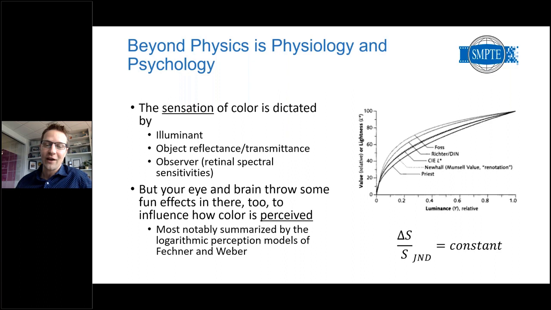On the other hand, if I had a 5% reflector, which is a very dark one, and I likewise needed a 10% increase, that's only a 0.5 increase. So this behavior is reflected in that power law behavior and is the basis for not just our sensitivity to light and color, it is fundamentally our sensitivity to almost all of the sensory mechanisms that we employ every day, all the senses.